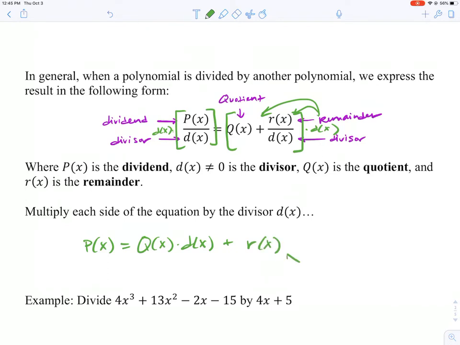So you can imagine if r of x is equal to 0, right? So if r of x weren't there, then q of x times d of x would be equal to p of x. Meaning q of x and d of x would be factors of p of x.